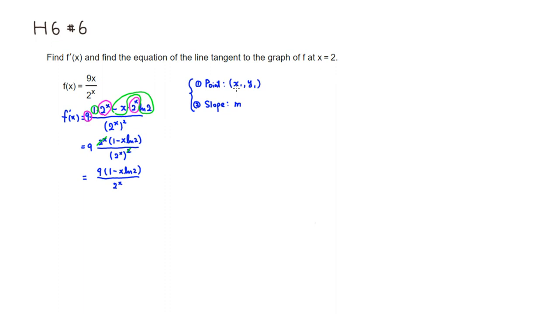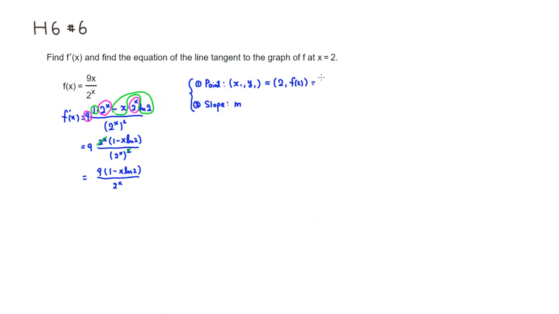So let's find the point on the tangent line. Since we're looking for the tangent line at x equals 2, x1 has to be 2. Then to find the corresponding y1, all you have to do is put 2 in the original function. So I'm going to write it as f of 2 first.